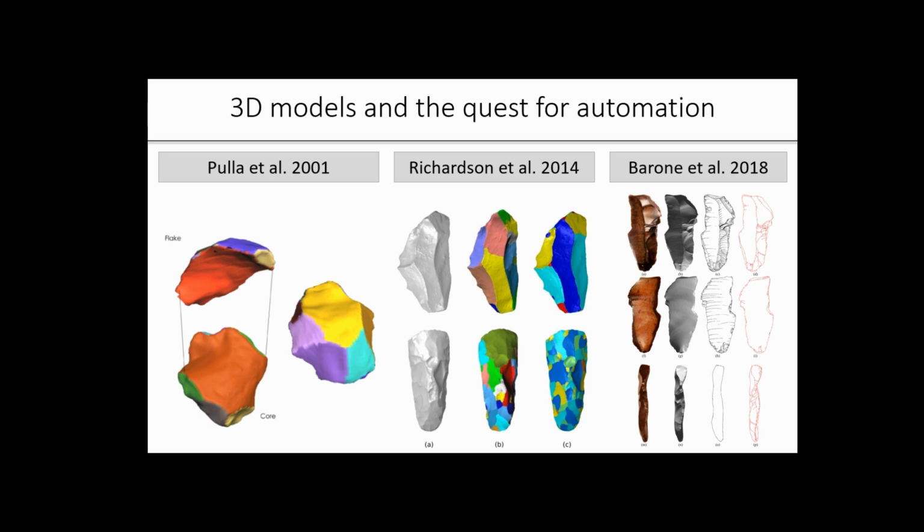In any case, in 2018, Baron et al. published a way of extracting these kind of outlines, which are basically, they were pursuing automatic artifact illustrations based on these 3D scans. And that also requires us to be able to detect components of interest.